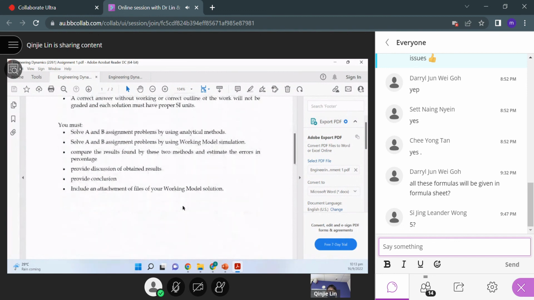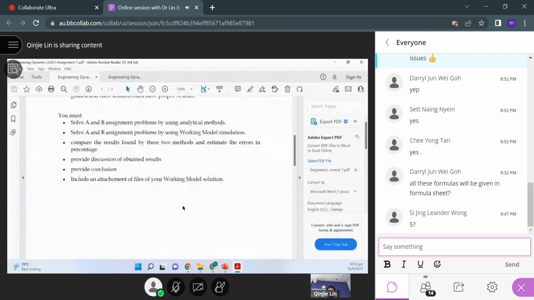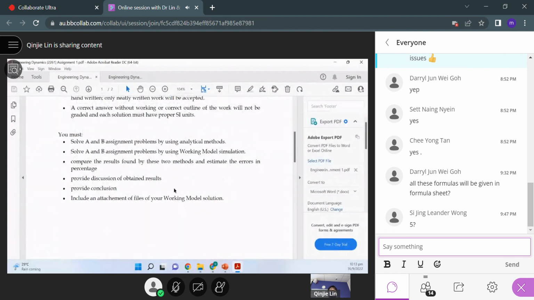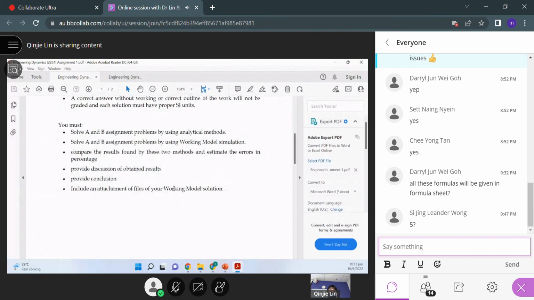So you see down here, of course, by today's lesson you will know a lot of the concepts. But down here they ask you to solve using analytical methods and also working model simulation. But I don't require you all to use the working model simulation. I reduce your workload, so you only need to use the analytical methods.